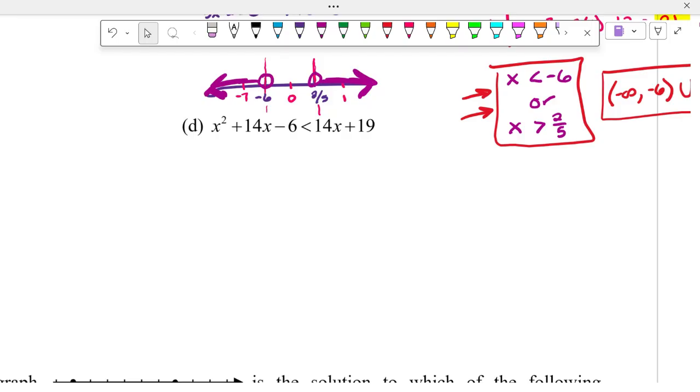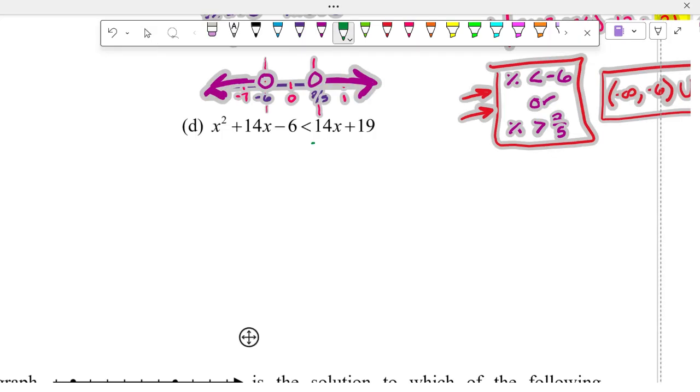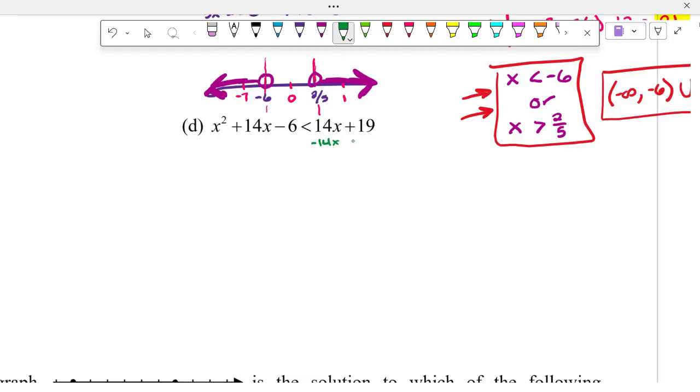So before I can even start solving for when x is equal to 0, what do I need to do first? Subtract the 14x and subtract the 19 from both sides. This will be x squared minus 25 is less than 0.